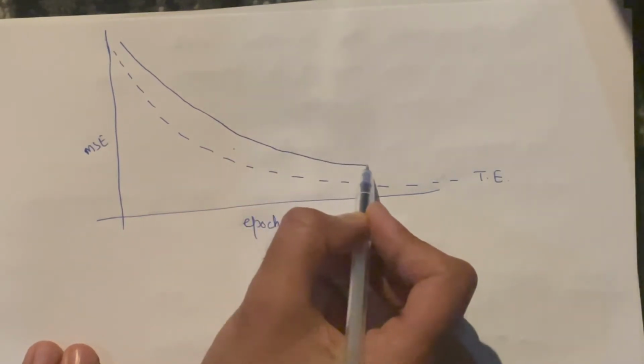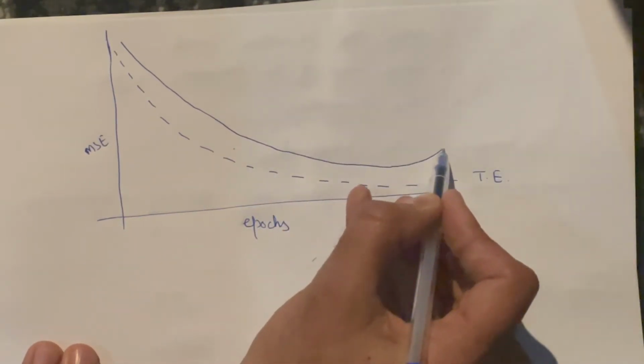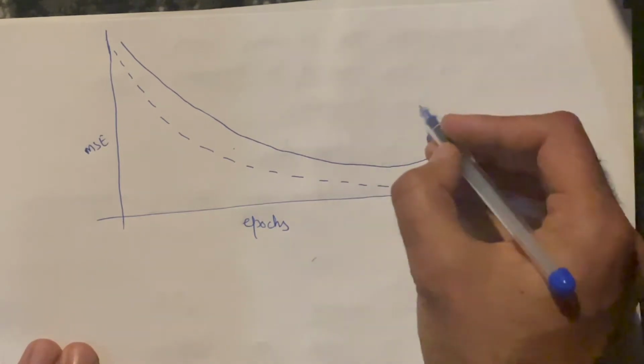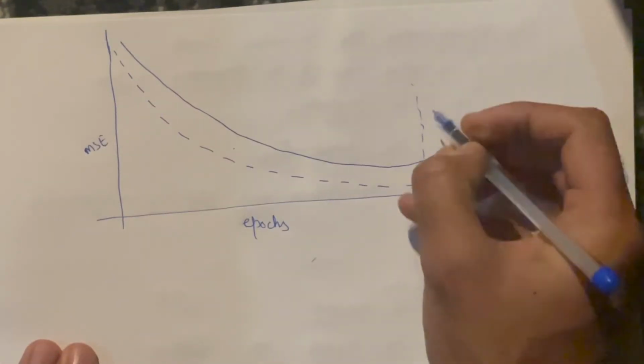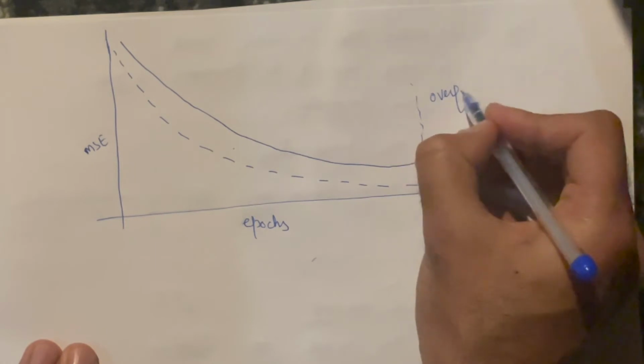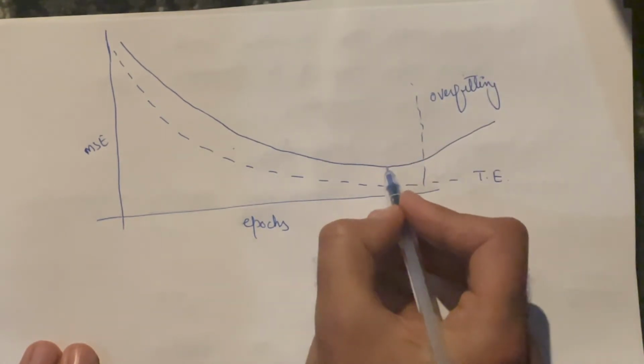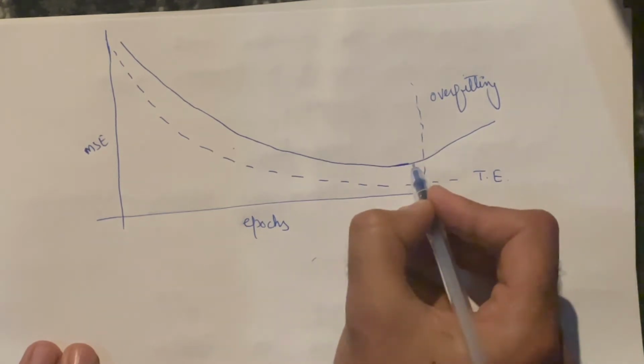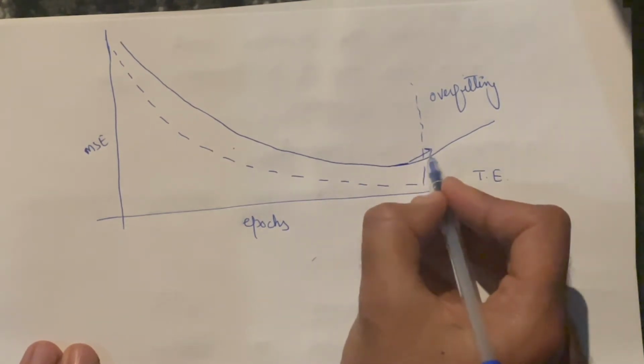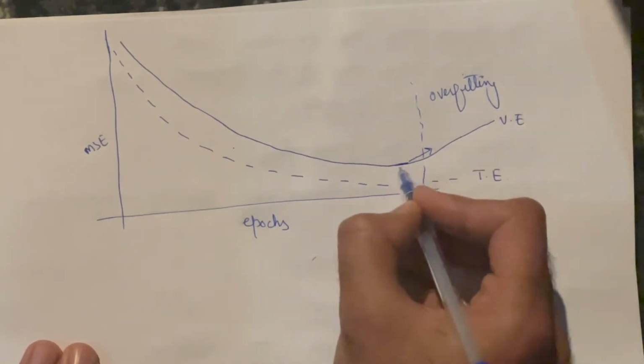At one point it will reach the minimum and then it will start increasing again. This means now we are overfitting. So whenever we have checked that we have reached the minimum and now the validation error is increasing, we will stop here.